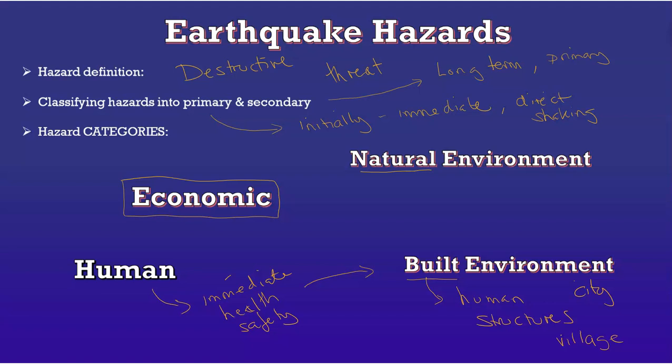Yet when you're looking at, let's say, a big city, let's say a big earthquake hits LA, you're going to have to discuss each one, but then combine all the different categories into one, because LA has a mix of not only a large population, very densely populated area, but you also got the natural environment, the economic side, and the long-term aspects of trying to rebuild an area like Los Angeles, which would be an exceedingly amount of money.